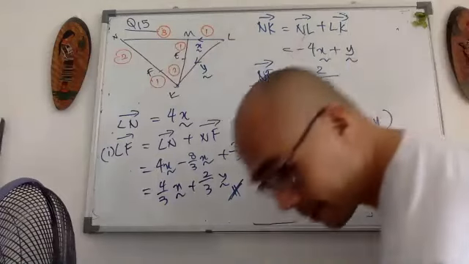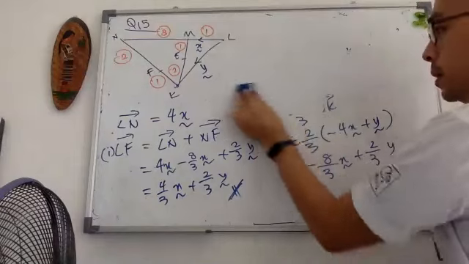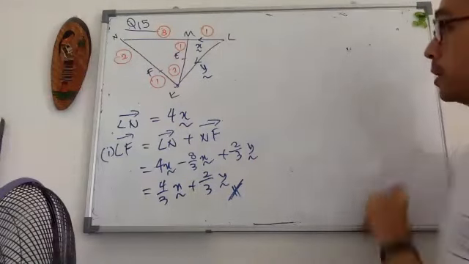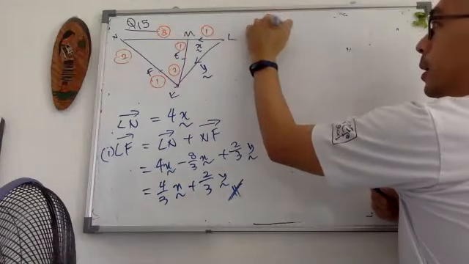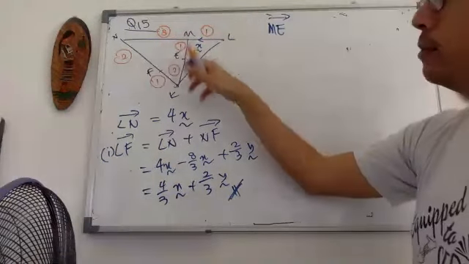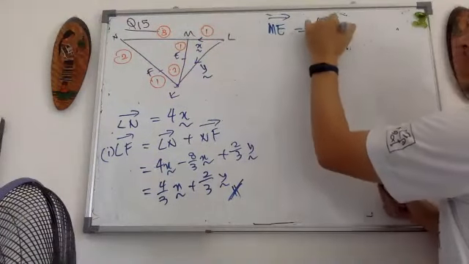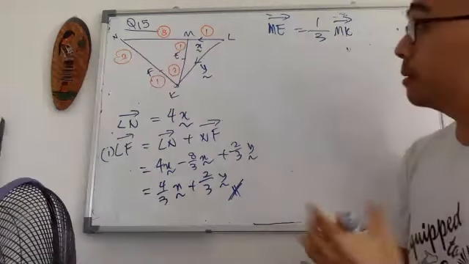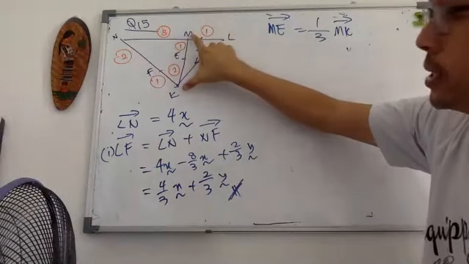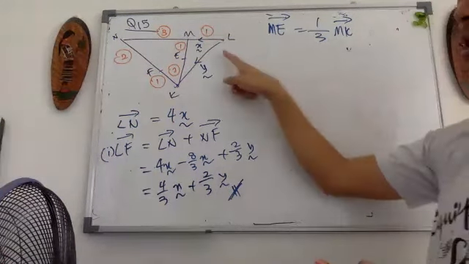Second question, ME. M to E is actually 1 over 3 MK, because ME is one part, MK is 3 parts altogether. So 1 over 3 MK, and MK is quite easily found.